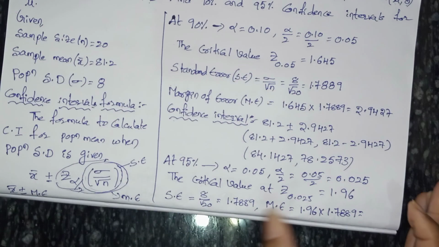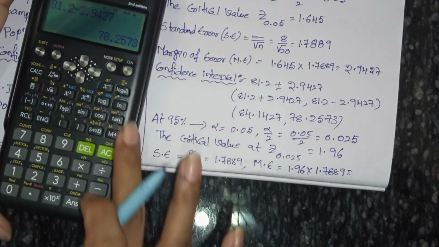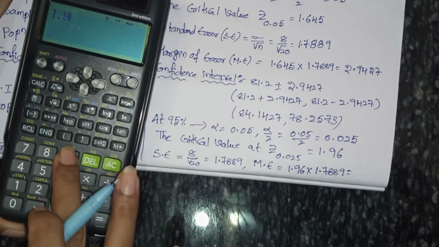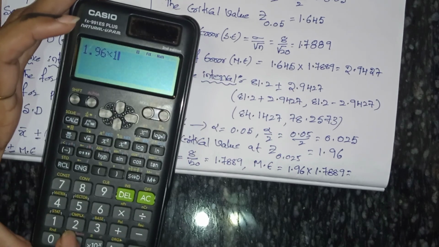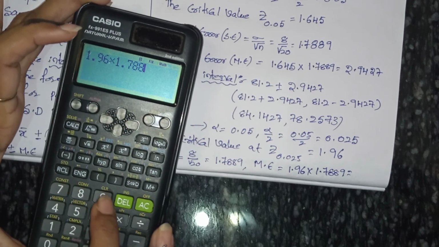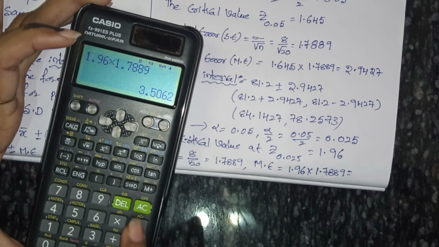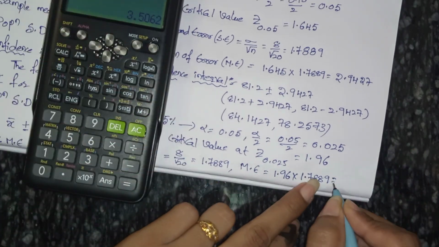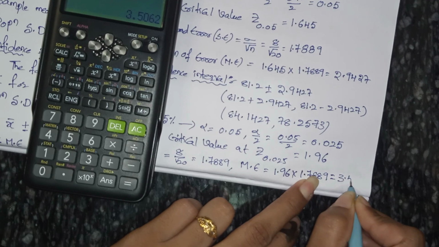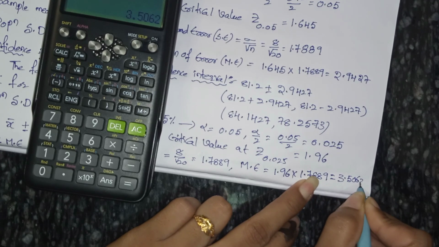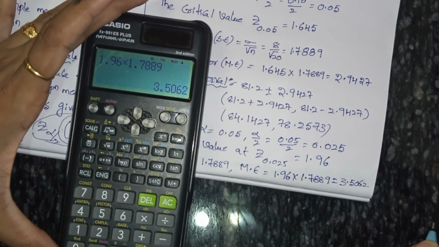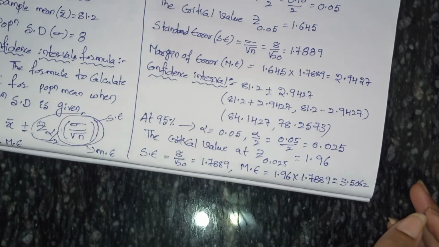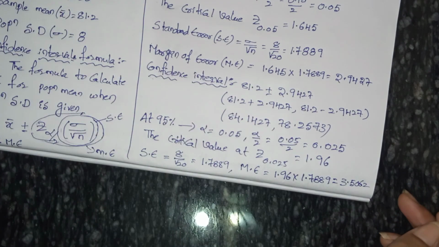So 1.96 into 1.7889. How much? 3.5062. Okay, 3.5062.